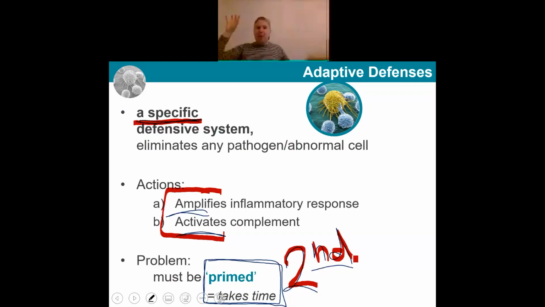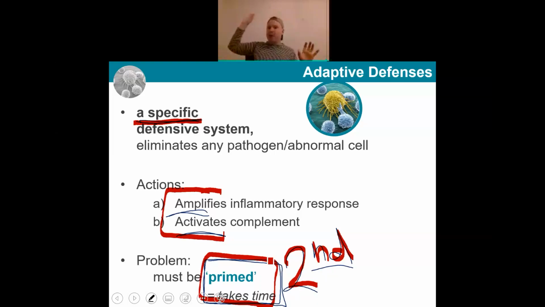So it is only during the second exposure that the adaptive immunity works really well. So we talk about it as if it's needing to be primed. This means that it has to have met this pathogen already once before it can act really efficiently for the second time.